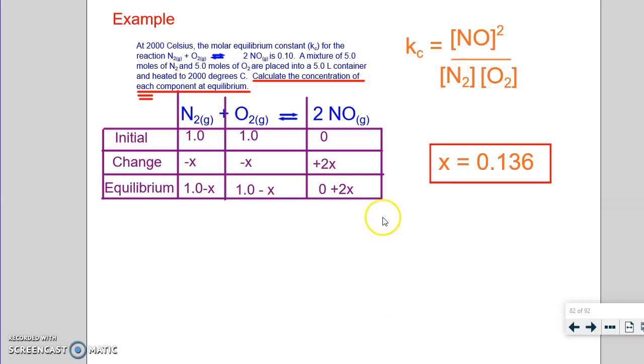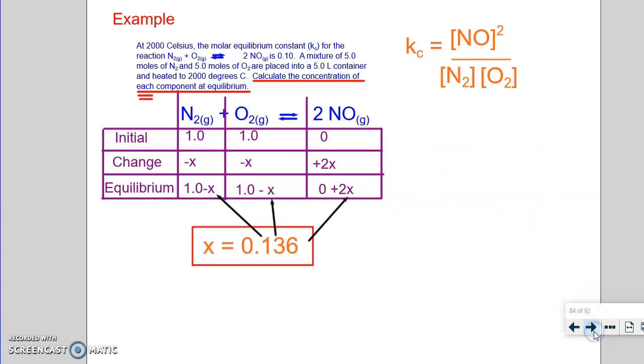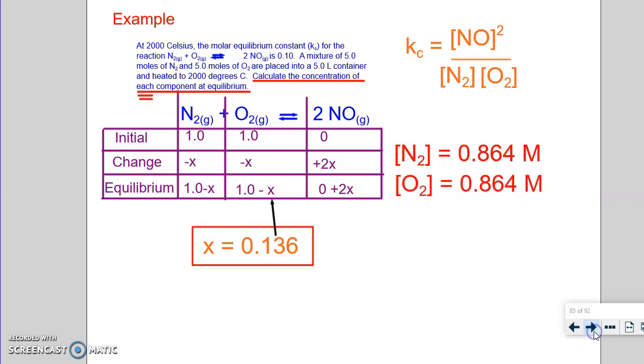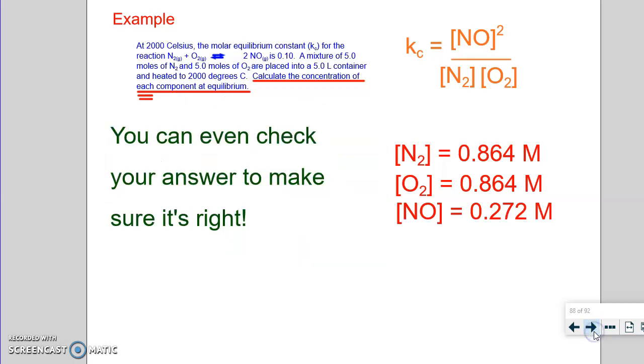But we already have expressions for those in terms of x, and we know what x is, so we just plug x in now, and we have our answers. We plug 0.136 into each of those. So the N2 is 1 minus that, which is 0.864. O2 is the same, and NO is 0.272. So those are our answers.